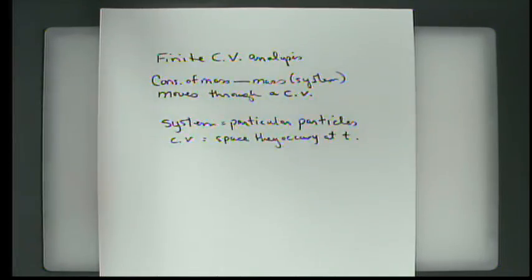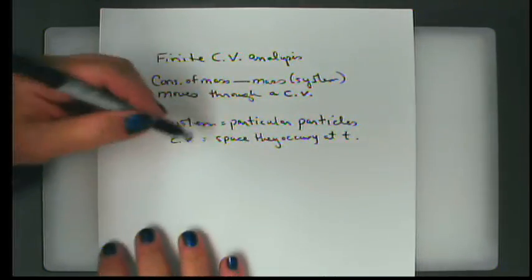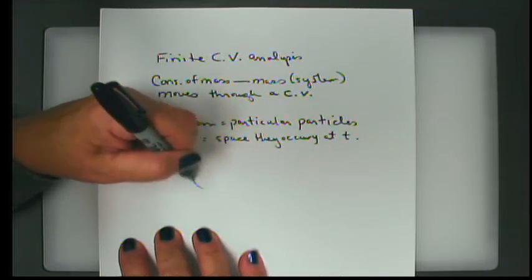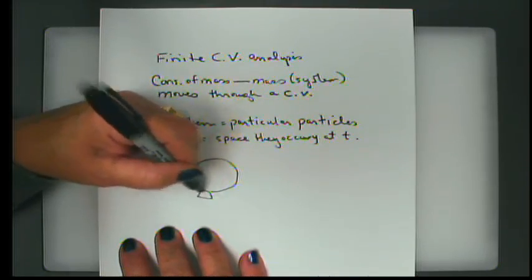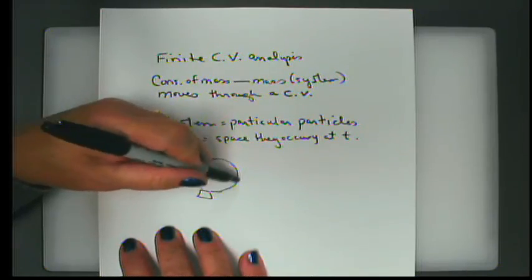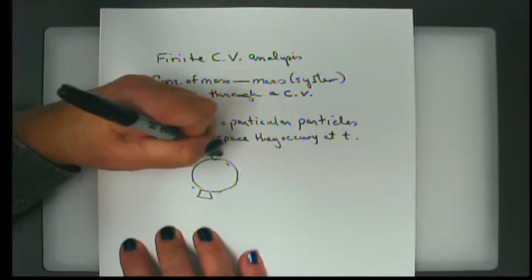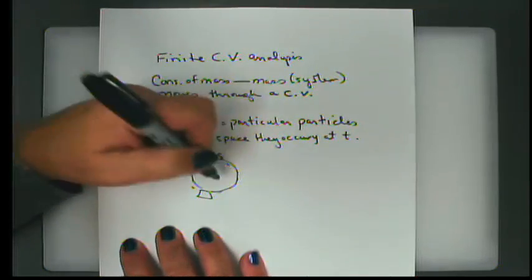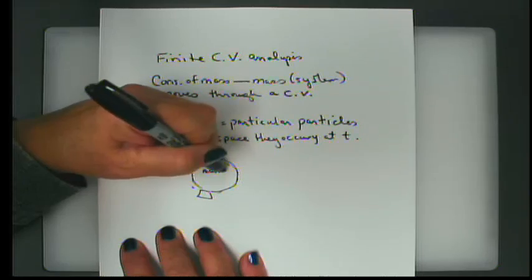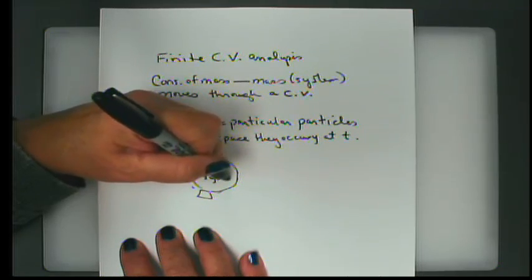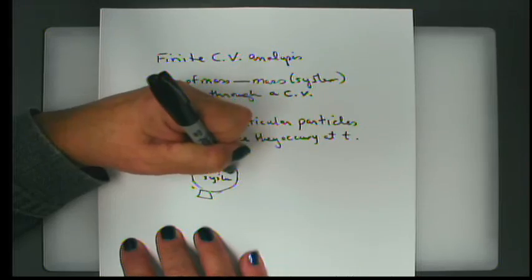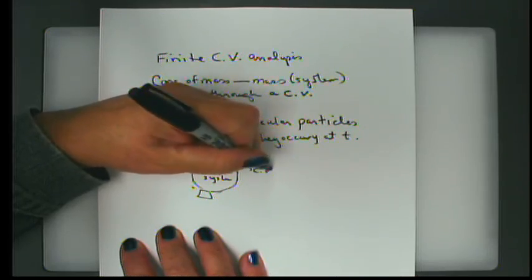Okay, so we can have any sort of control volume, a balloon, for example, and the boundary of that balloon would be the control surface. The mass inside is equal to the system, and the balloon itself is the control volume.